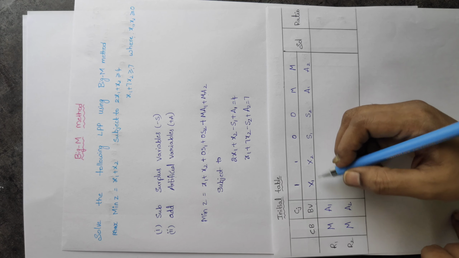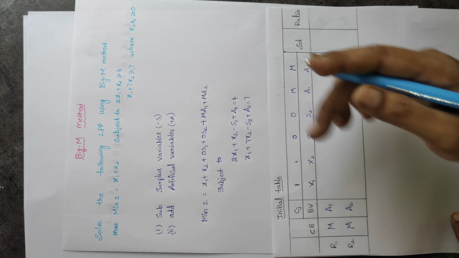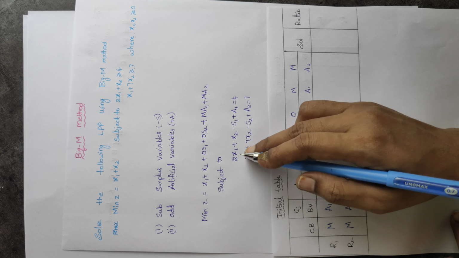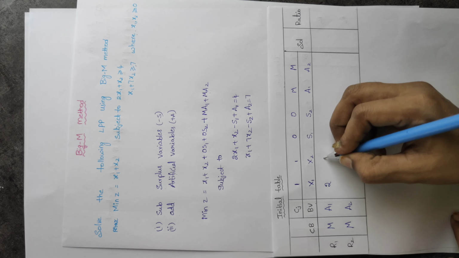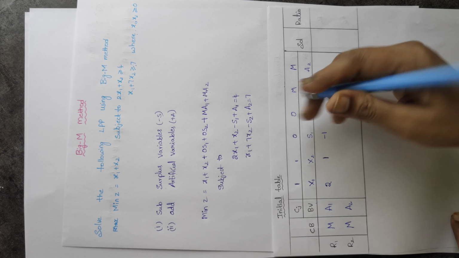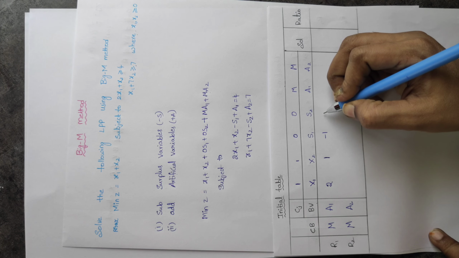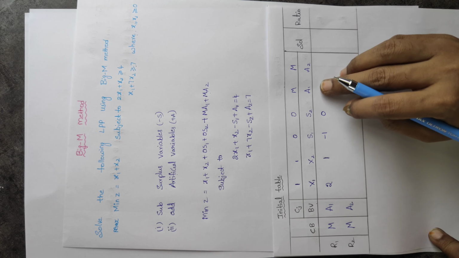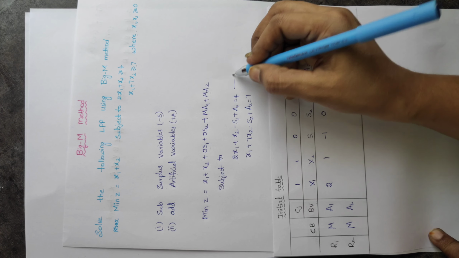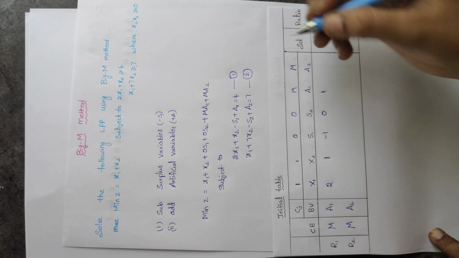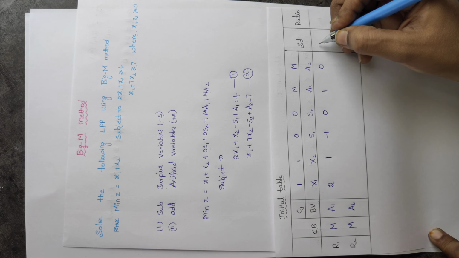Next, we have to write the coefficients of the two equalities. 2x1, that means 2, plus 1x2, and minus s1 means the coefficient is minus 1, s2 coefficient is 0, a1 coefficient is 1, and there is no a2 in the first constraint, so we write 0, and the solution is 4.